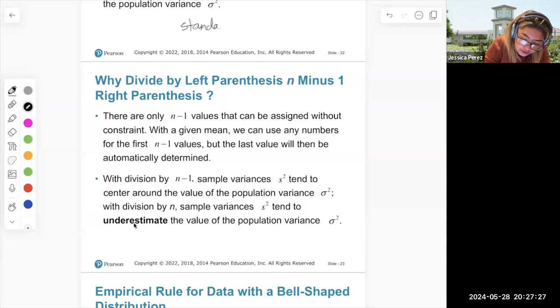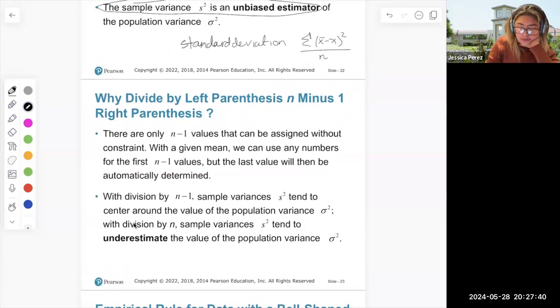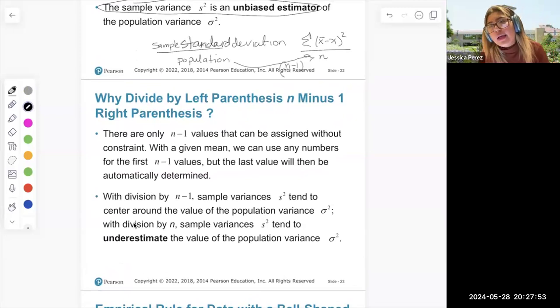So if we remember for standard deviation, if you recall, the formula was the square root of the sum of x minus x bar squared over n. Whereas this was for the population, and for the sample, the only thing that changed is this n was n-1. And that was because we have to look at what happens when we overestimate or underestimate.